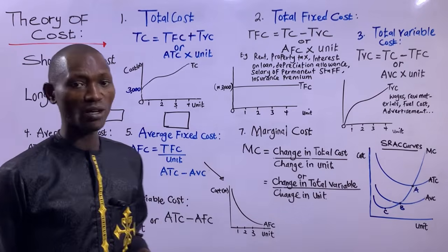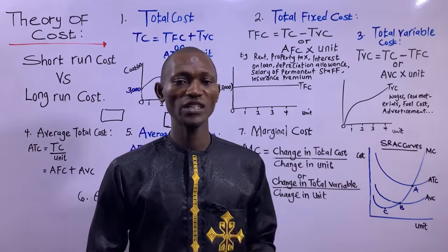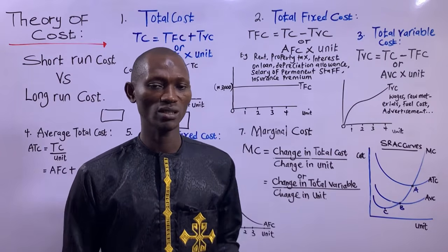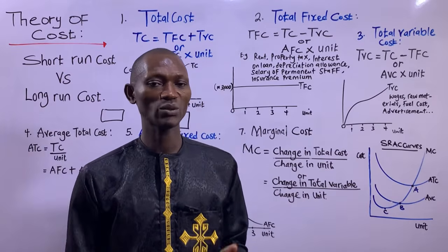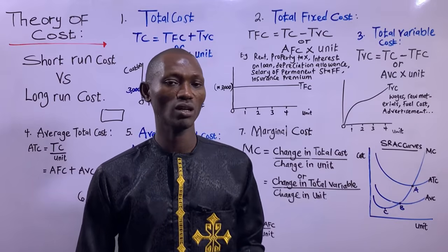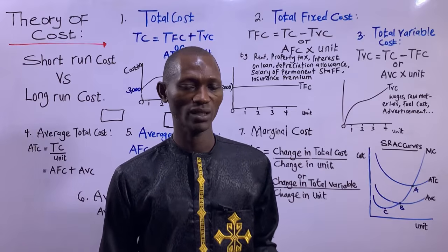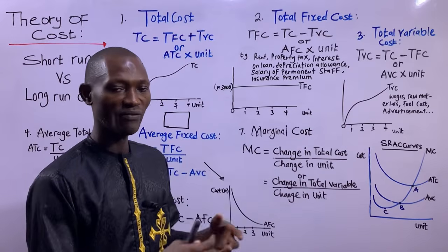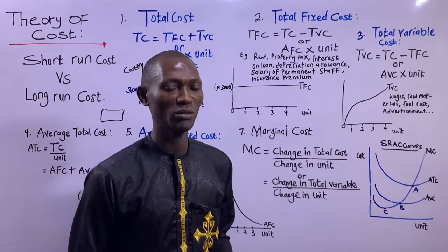Because in the short run, most times, when a firm is faced with an increase in demand for its products, how can the firm meet that increase? Perhaps by asking the workers to work overtime or employing more hands to work on that fixed space that the firm uses to produce.